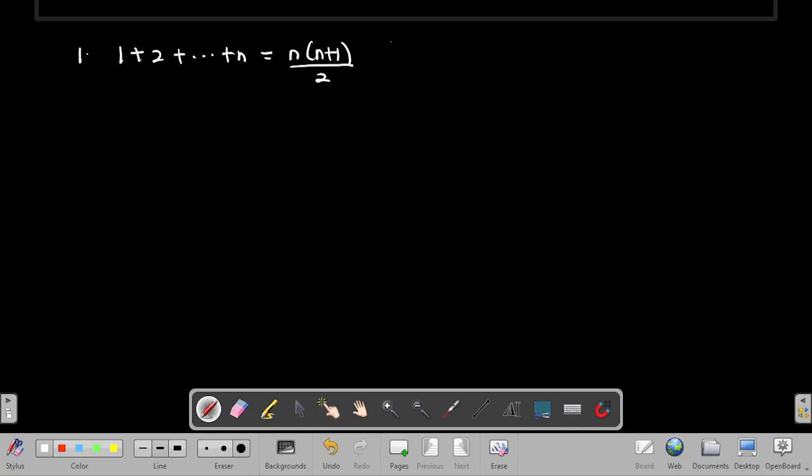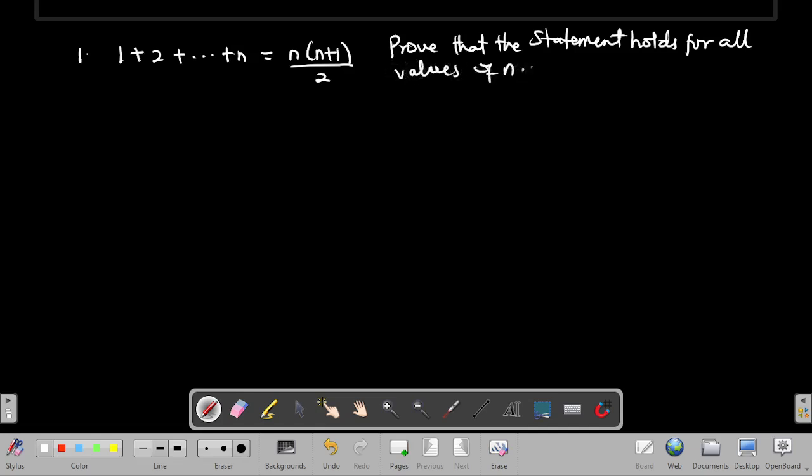The problem is that we are to prove that the statement holds for all values of n, which is a member of what? The natural numbers. So we have a mathematical problem here. We are to prove that this statement is true for every possible value of n. How do we do this?